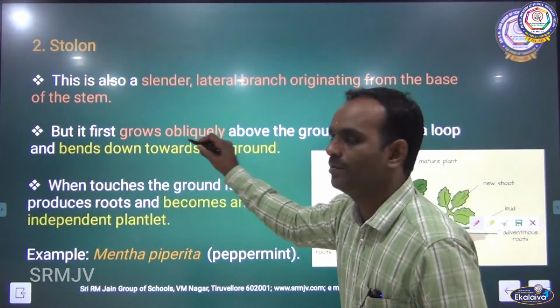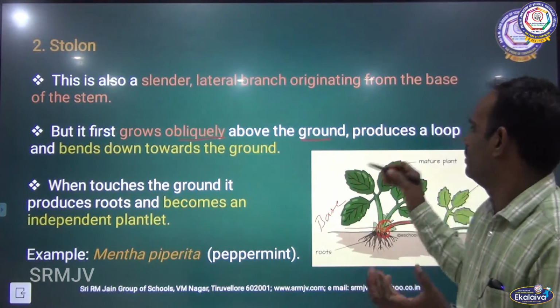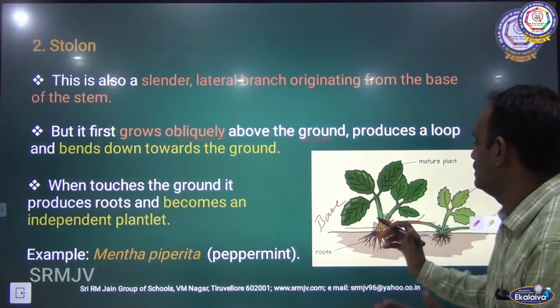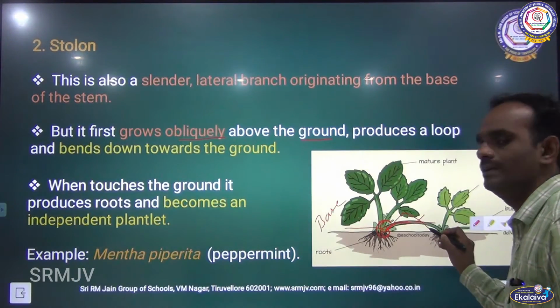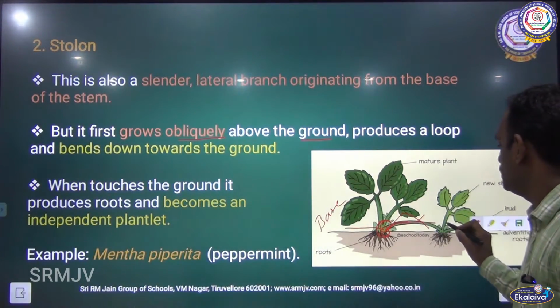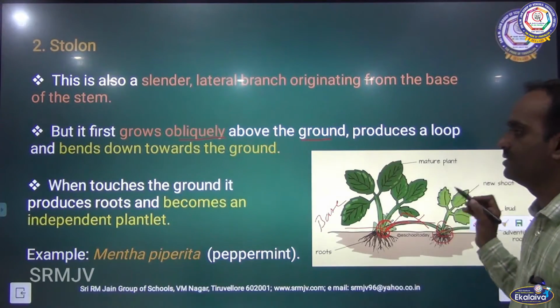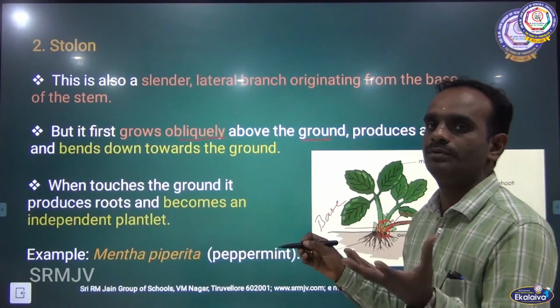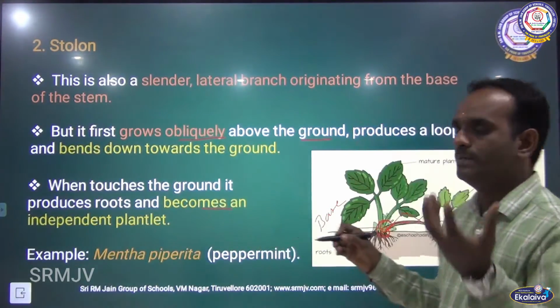Initially it grows obliquely above the ground, somewhat slightly erect, produces a loop, and suddenly bends down towards the ground. The nodes possess adventitious roots. When it touches the ground, it produces roots and becomes an independent plant.